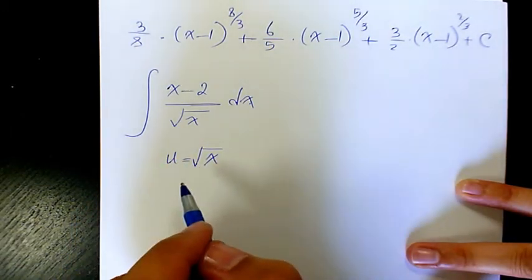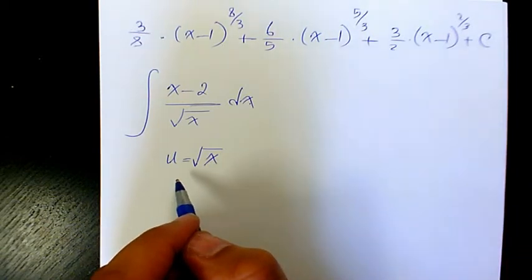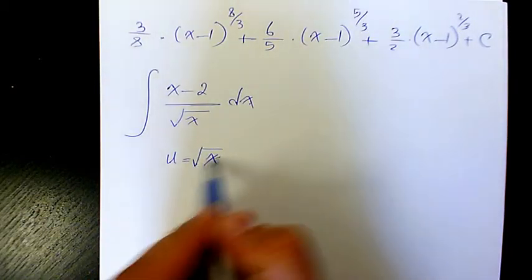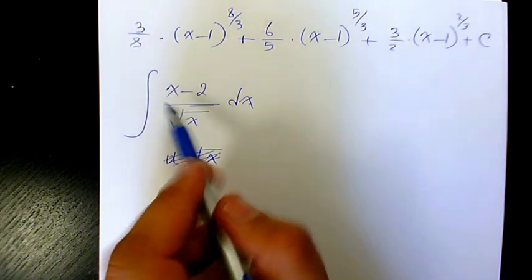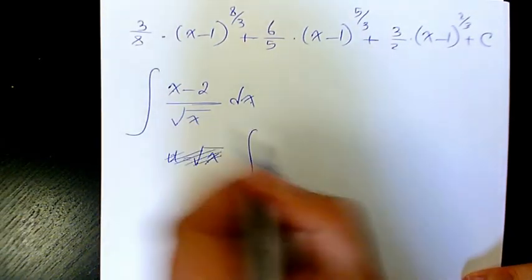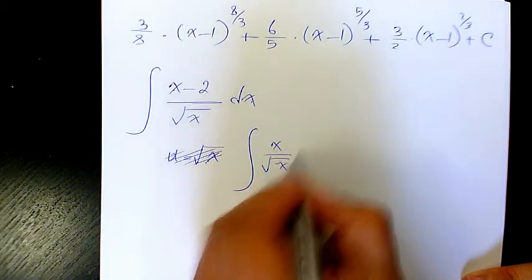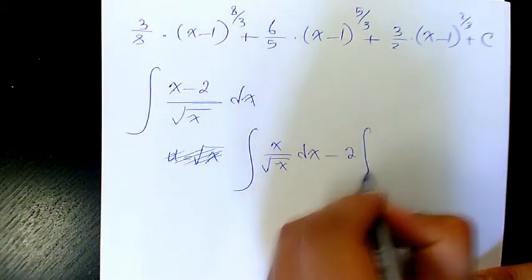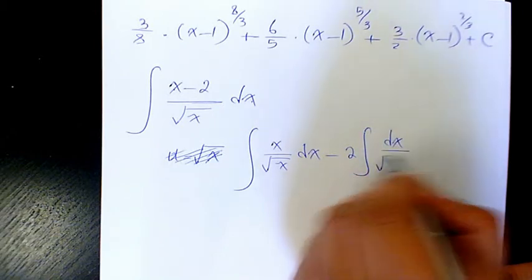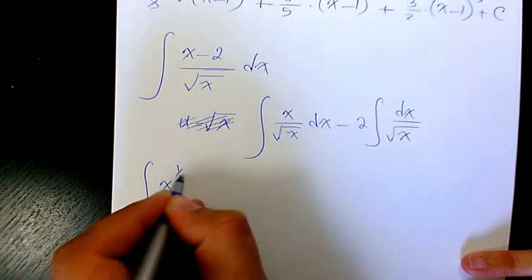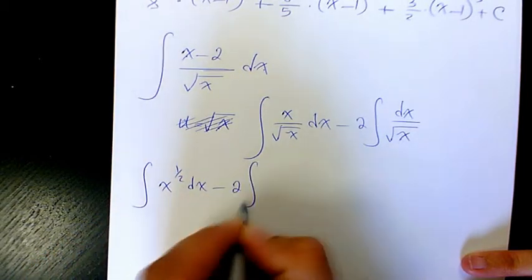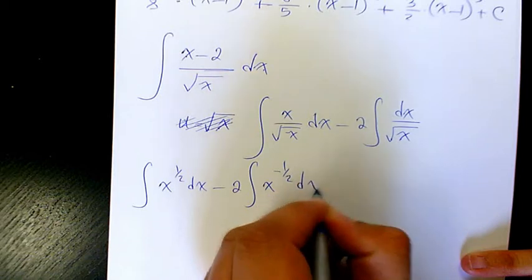Or what we can do, instead of using this substitution, I'm going to divide it first. So I'm going to have x over root x dx minus 2 dx over root x. So that's going to be x to the power of 1 over 2 dx minus 2 x to the power of negative 1 over 2 dx.